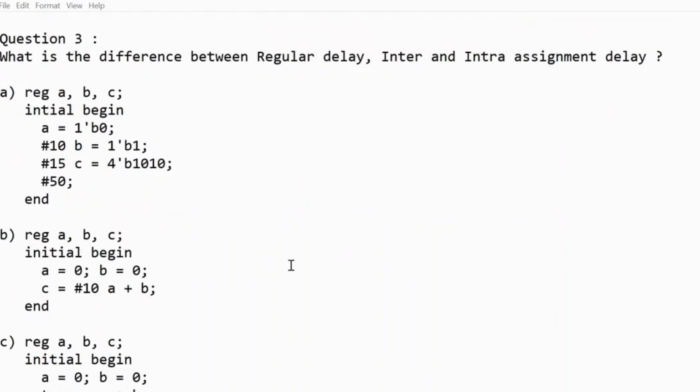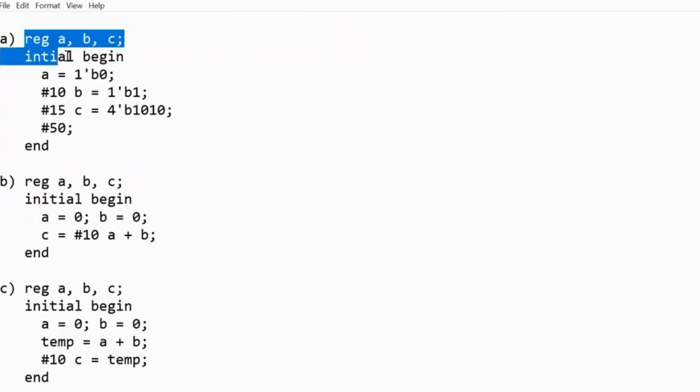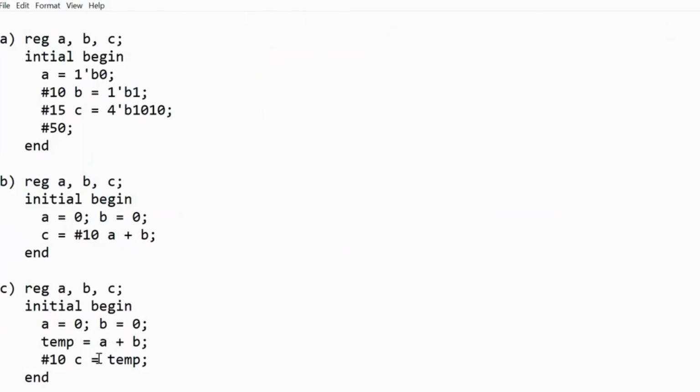Okay. So I have given three options here. Which one is a regular delay, intra assignment delay, and inter assignment delay in these three? First one is regular assignment delay. Second one is intra assignment delay.